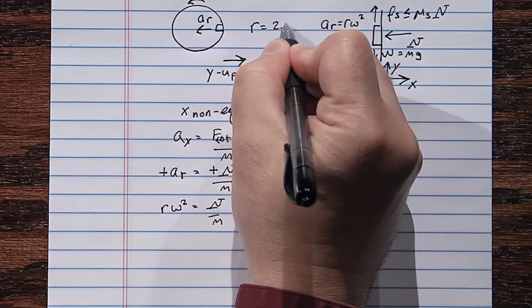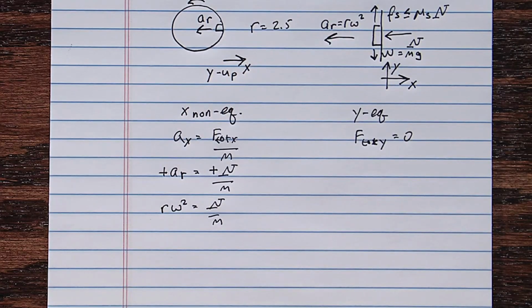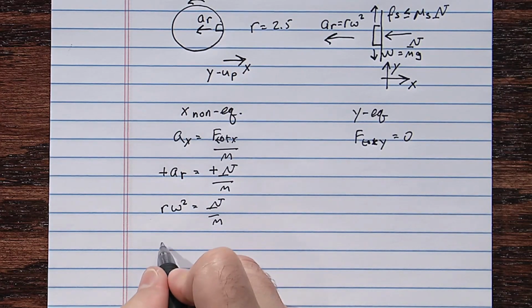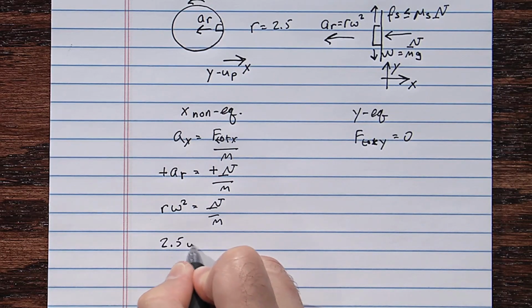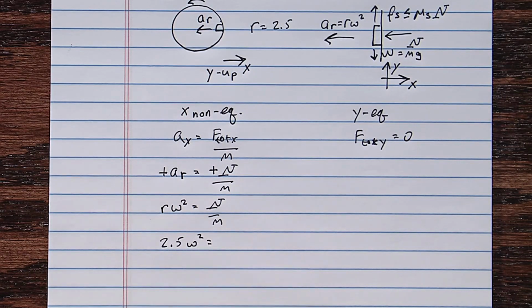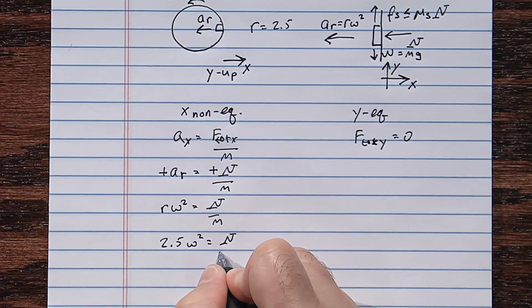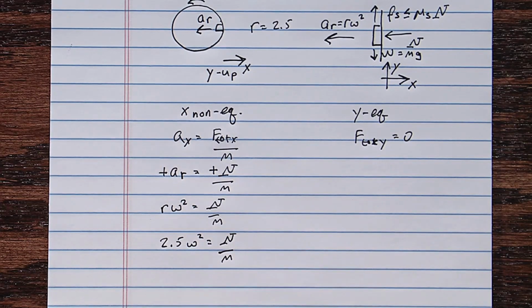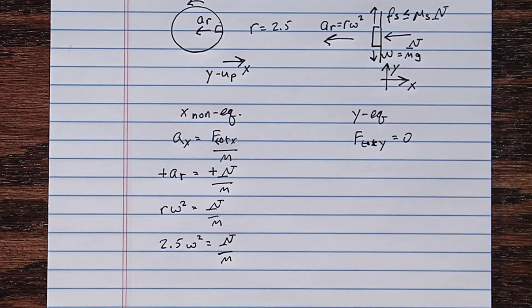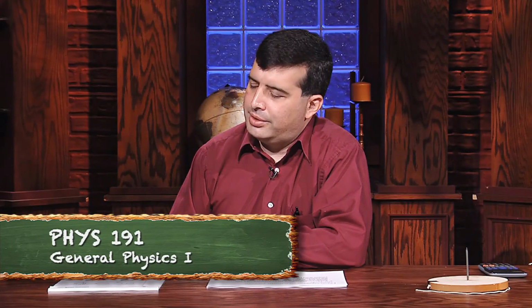The radius is 2.5 meters. So we have 2.5 times omega squared is equal to the normal force divided by the mass. And that's all we know at this time, so we'll have to go over to our y equation and see that the answer is there in the y equation.